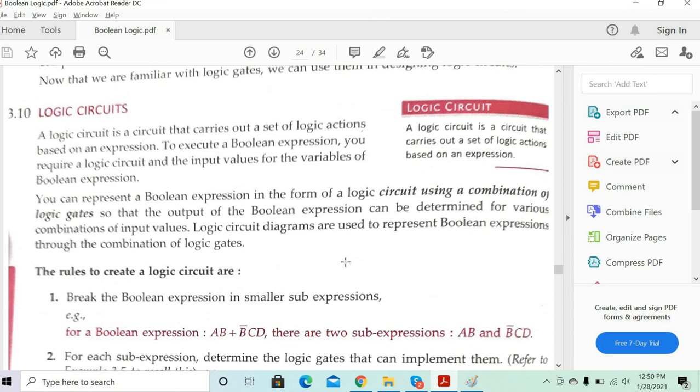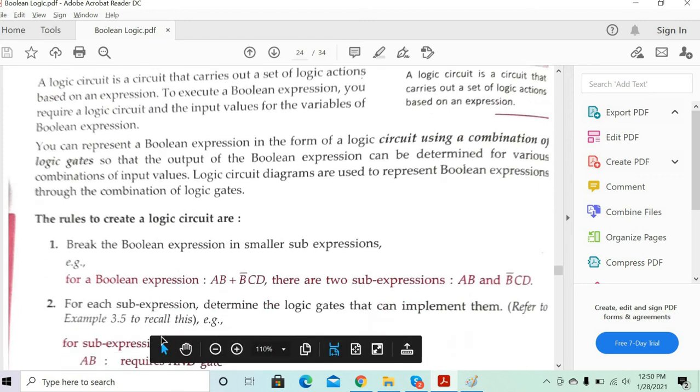Now we can actually represent this circuit with algebraic expressions also. Some rules we need to follow when you write the Boolean expressions.